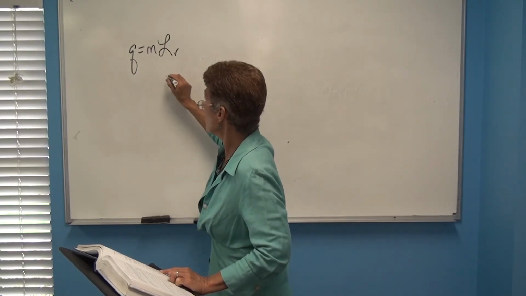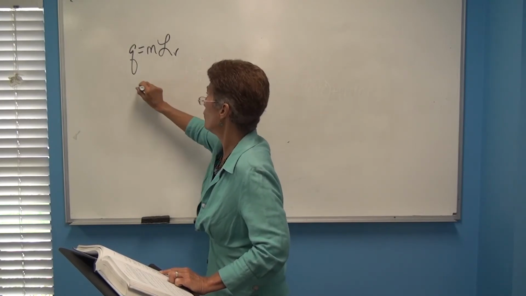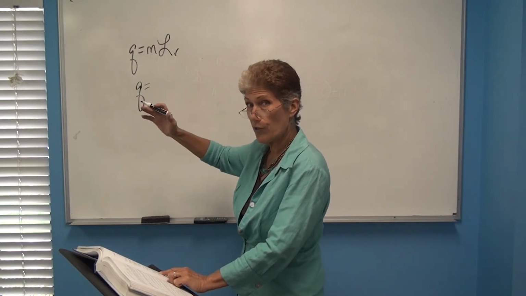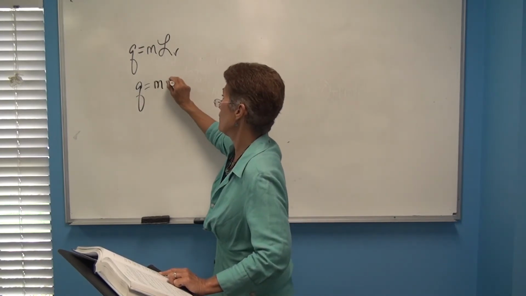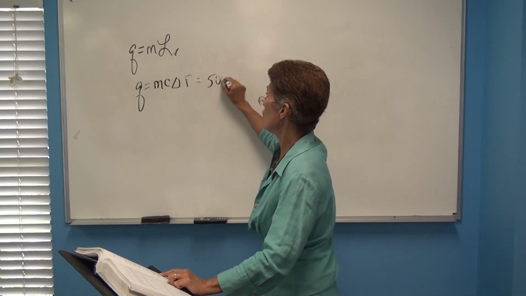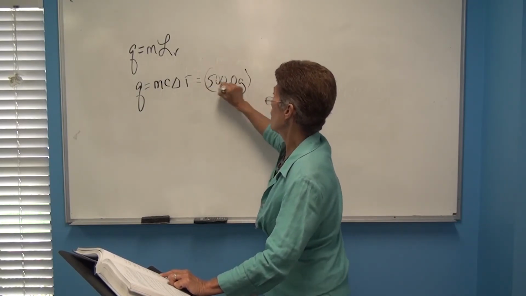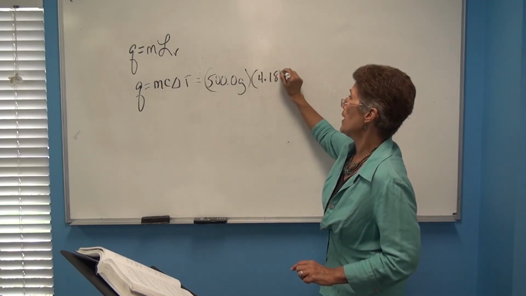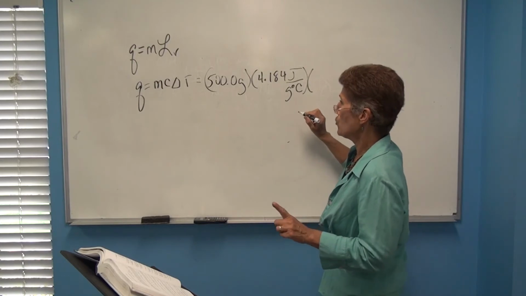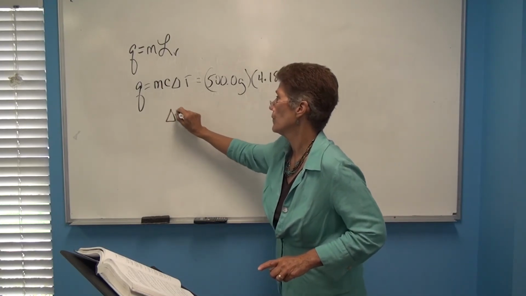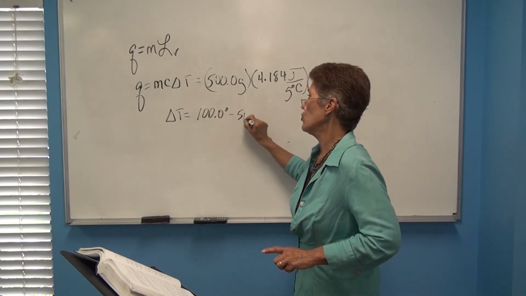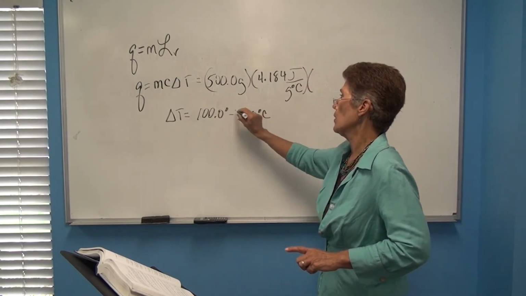So first we're going to do the Q to get the water from 50 degrees to 100 degrees, where it'll vaporize. So Q equals MC delta T. And so the mass of the water is 500 grams. We have memorized 4.184 joules per gram per degree Celsius. And the change in temperature: the final temperature we're going for is 100 degrees, and we started at 50 degrees.